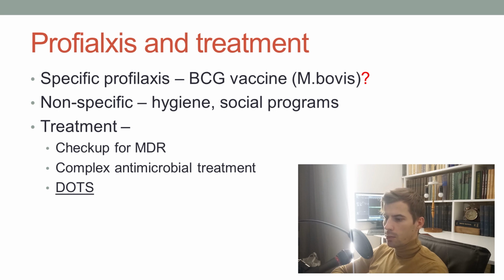It is able to produce tuberculosis in humans, but not that often. Usually this bacteria produces tuberculosis in cattle, namely in cows. This is why it is called bovis, from Latin bovis, which means bull.